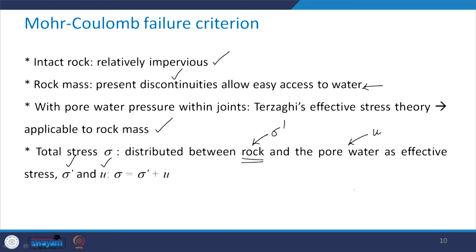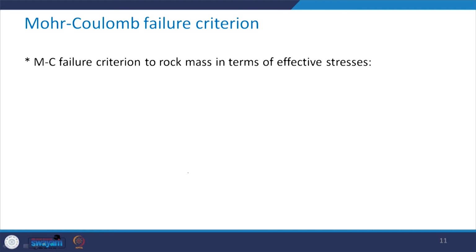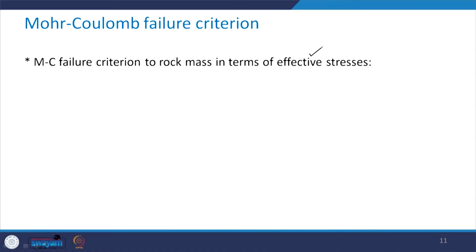And you all know what this effective stress theory is: the total stress is equal to effective stress plus the pore water pressure. So, this will be applicable to the rock mass. Now, once this is applicable, then we need to represent the Mohr Coulomb criterion for rock mass in terms of effective stresses. So, let us see how this can be done.